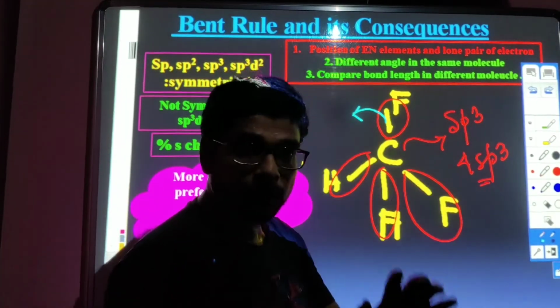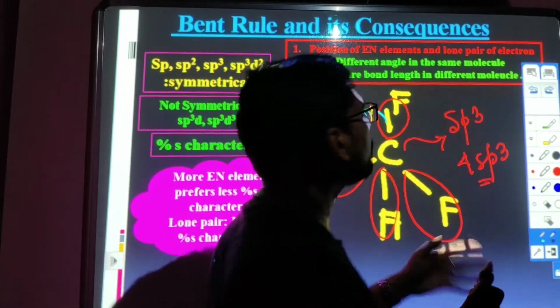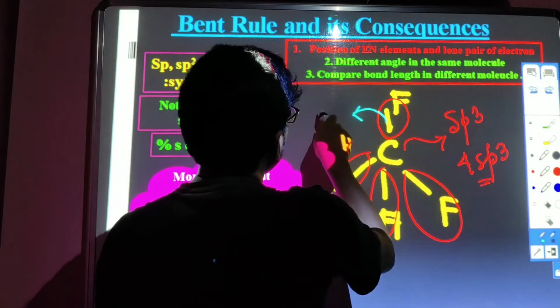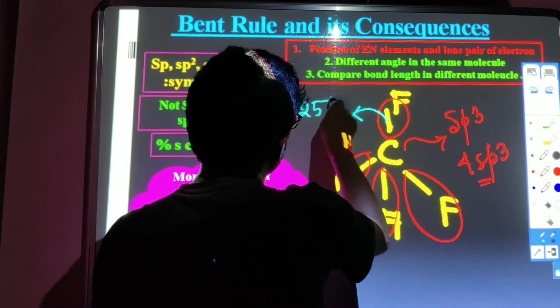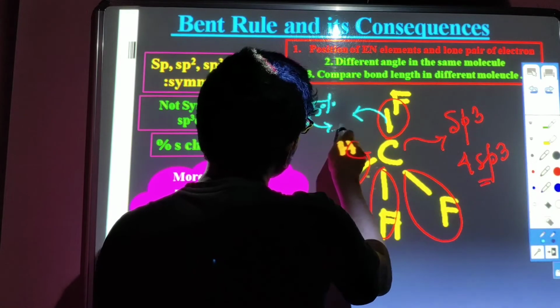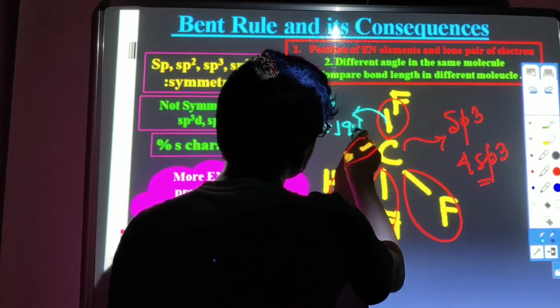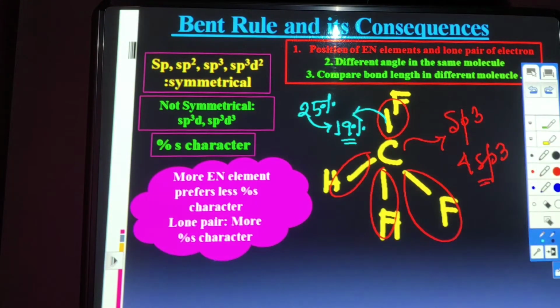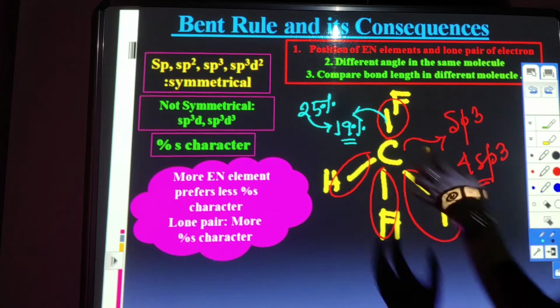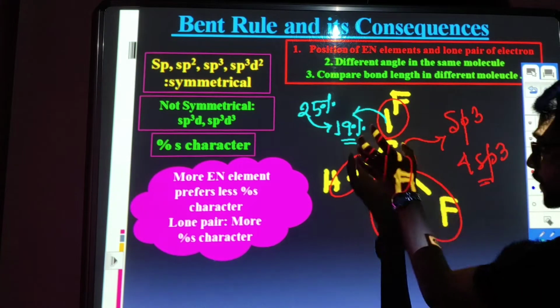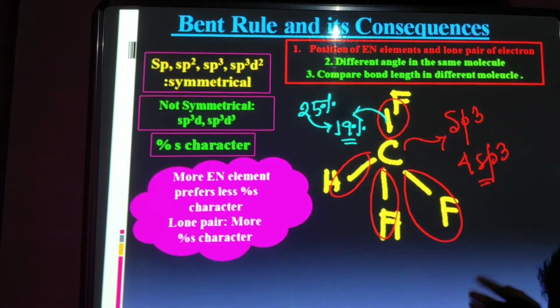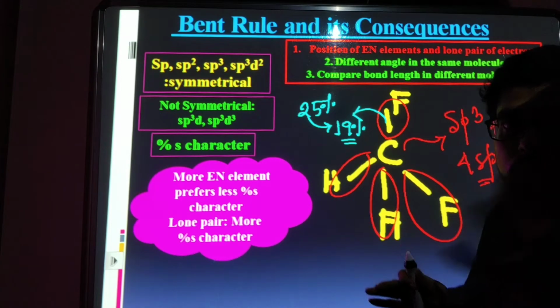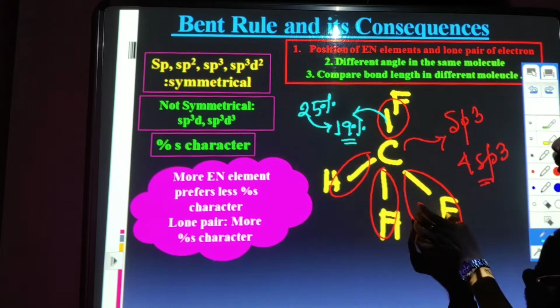Say you are expecting 25%. Okay, I am telling you that instead of 25%, it reduced to 19%. Means 6% reduced. This 6% won't go anywhere. It will go to these three hybridized orbitals.